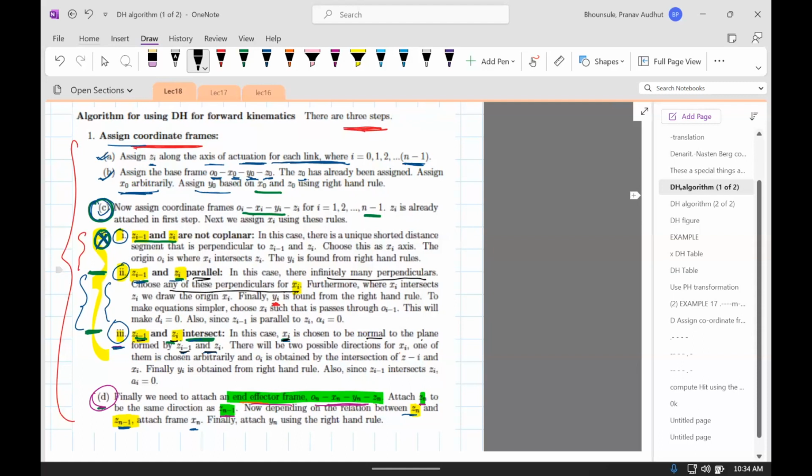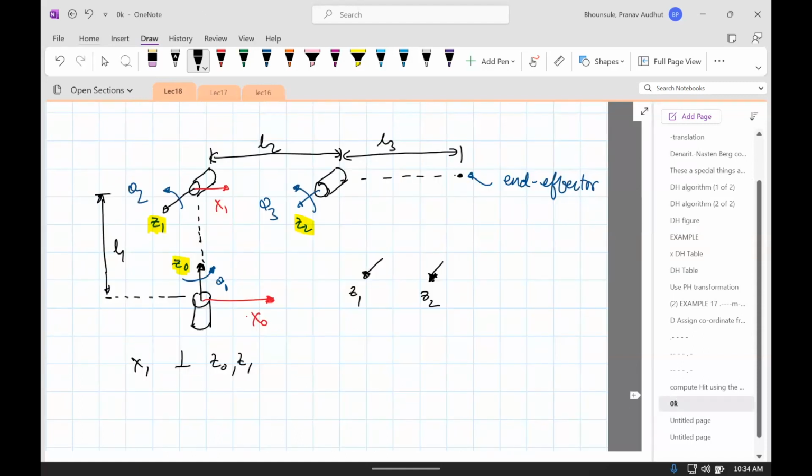All these are perpendiculars. You can choose any of them. Now, you will make your life easy if you choose a specific one. If you choose this perpendicular, the one which passes through the origin of the Z1 and Z2, then your DH table will be simpler. So what we'll do is here, we'll choose it to be like this, X2.